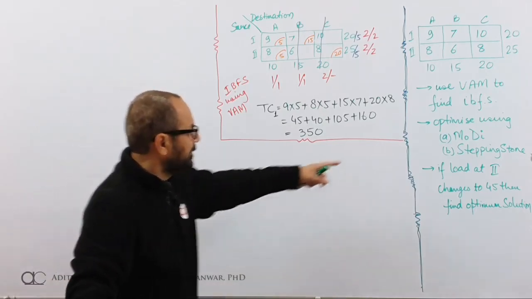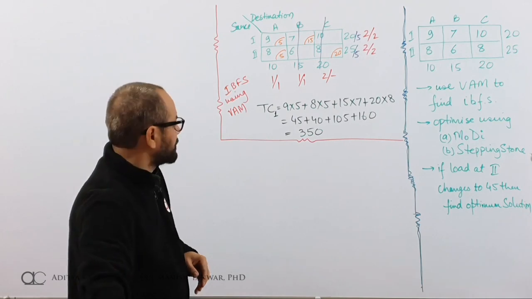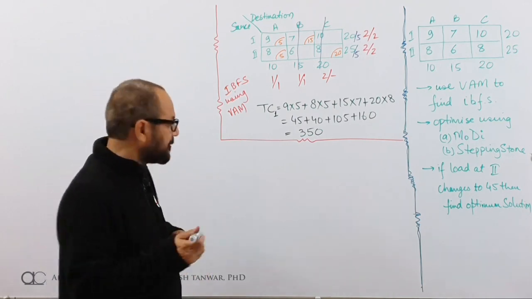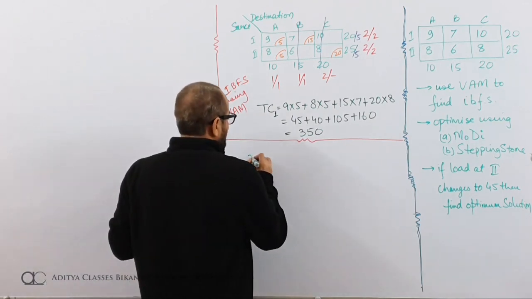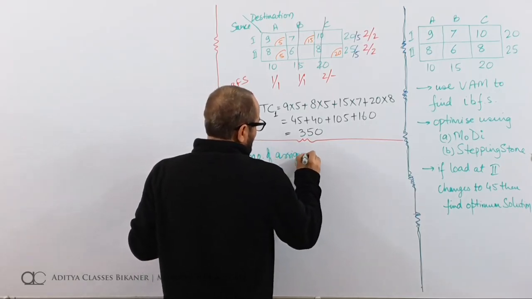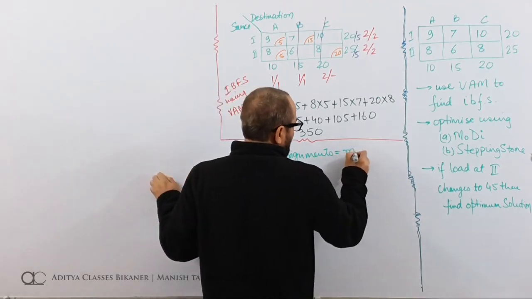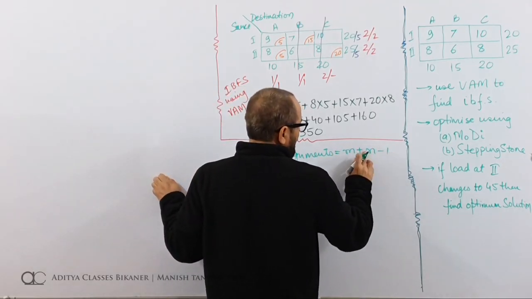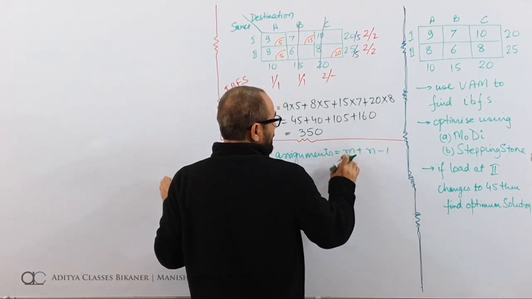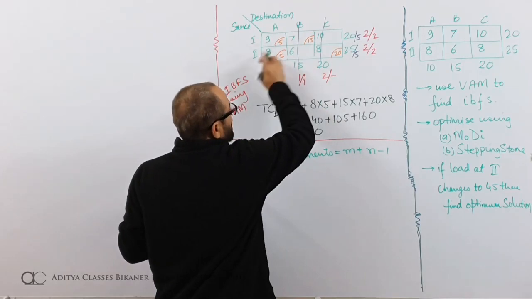Now let me go ahead and check for modified distribution. In order to proceed to modified distribution, we need to check if my number of assignments is equal to m plus n minus 1. M plus n minus 1 is number of rows plus number of columns minus 1. Number of rows are 2.